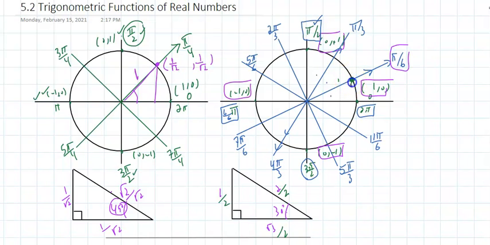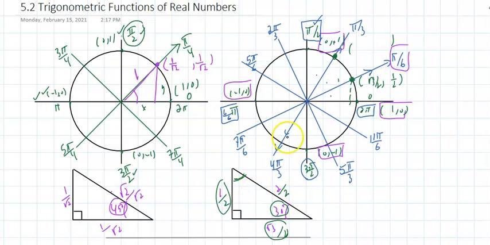So again, this point, which is x and y, I could label as cosine of 30 degrees is the adjacent over the hypotenuse, and y is the 1/2. And if I go to 60 degrees, cosine of 60 degrees would be the adjacent over the hypotenuse, radical 3 over 2.